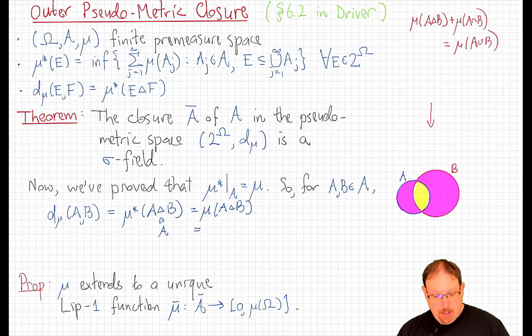Thus, the measure of the symmetric difference is the difference of the measures of the union and the intersection of the two sets.